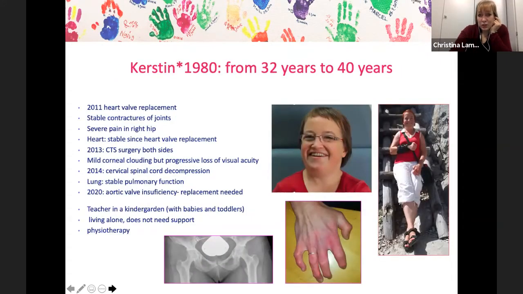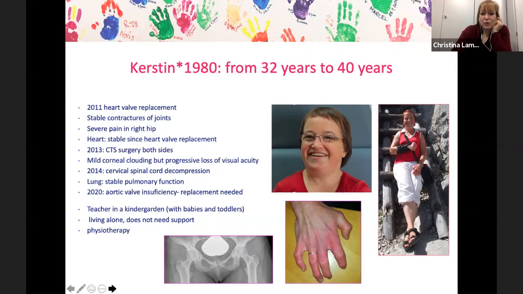In the next years, she started treatment, and actually she received a heart valve replacement and also craniocervical decompression surgery and carpal tunnel surgery. But what we see is that she was actually quite stable over the years. She is a teacher in a kindergarten with babies and toddlers that she has to carry around.